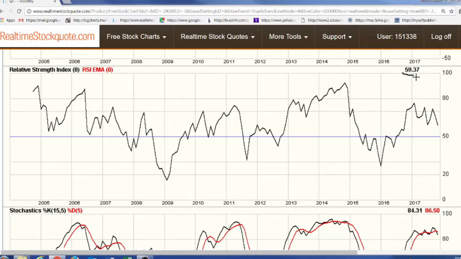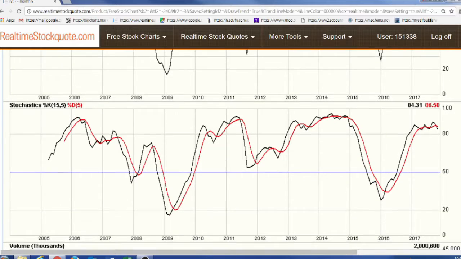Here we're at 59.37, but we see a slight decline with lower highs as well as lower lows. This move down here hasn't bottomed yet. We'll see where that bottoms out, but I suspect that it's going to bottom out soon, but still confirming some weakness happening in the index.